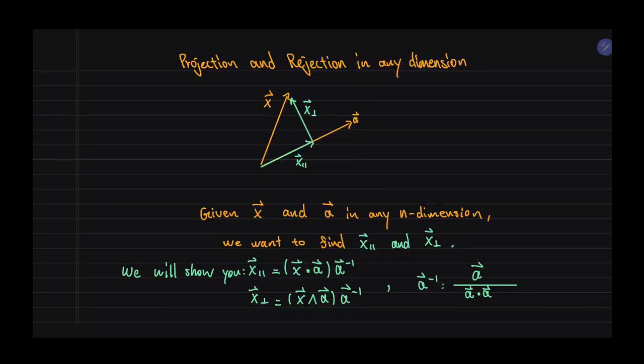In this video, we will talk about projection and rejection between vectors in any dimension. Of course, it also applies to the case of 2D and 3D.